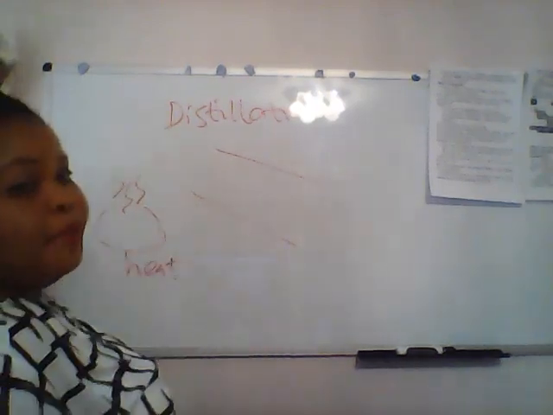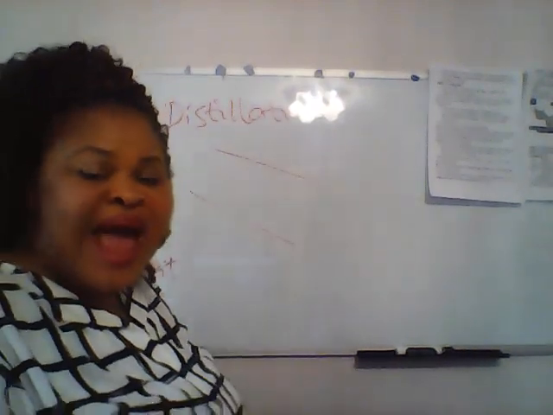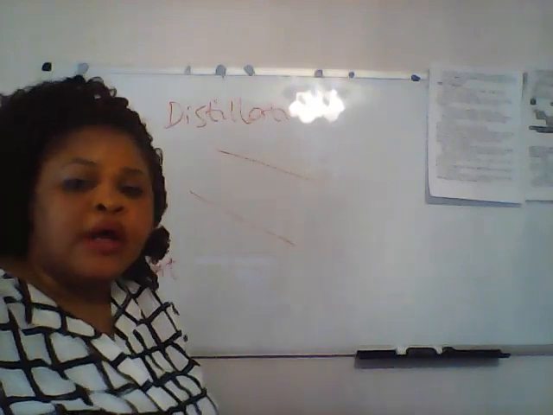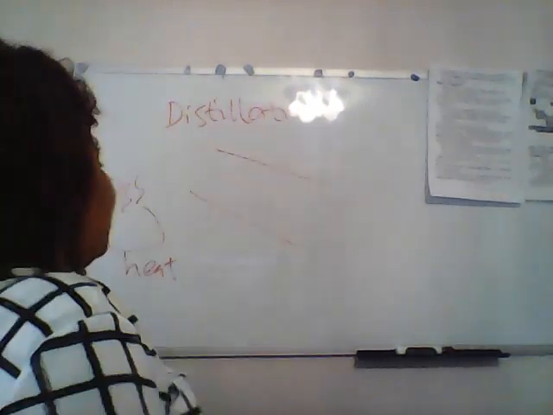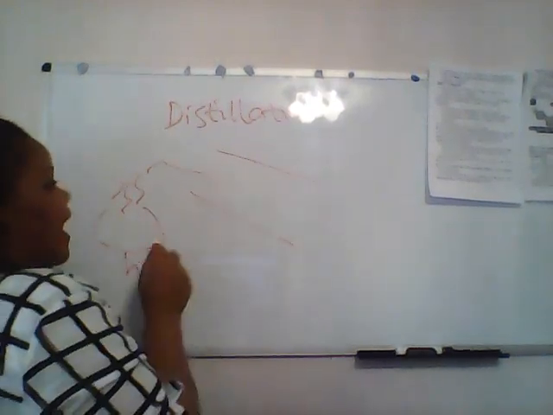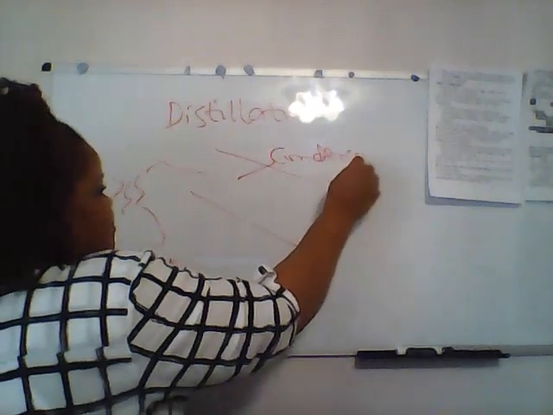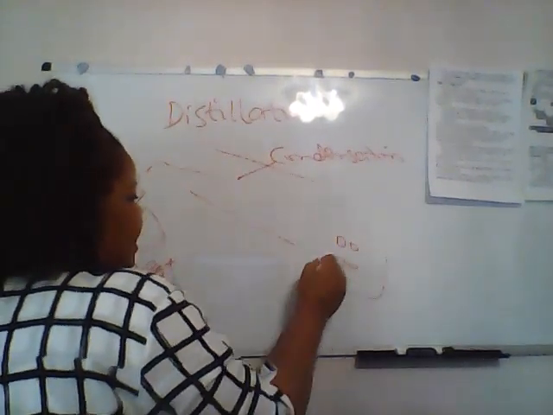Water boils at 100 degrees Celsius. At that point, when it is boiling, it would have killed off all the bacteria that is left, and then the water that comes off as vapor goes through the process of condensation. All right. And then your liquid water is collected in a jar.